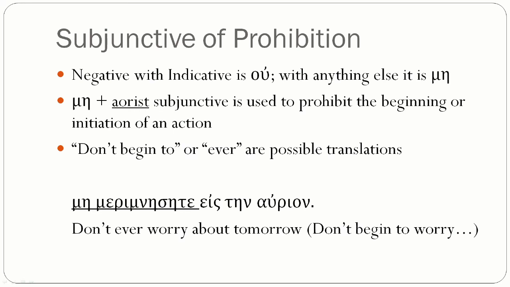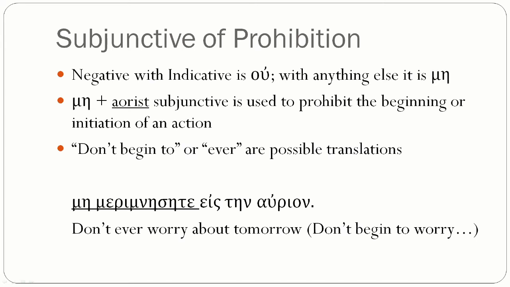These are all possible translations. You are not supposed to begin the action. There is another way of saying that you should stop an action already in progress. Okay, this one is not an action in progress, but it's saying that you should not start to do it. Don't begin to, or don't ever.